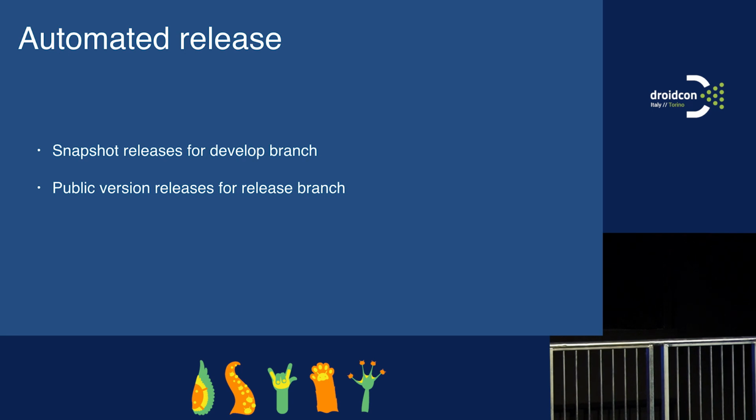By default, snapshots are private, but we've chosen to make them public for most of our libraries, basically for openness. If a developer wants to try, they can easily try snapshot releases, because sometimes we are waiting to accumulate multiple new features to have a public release, but those snapshots can be tested.